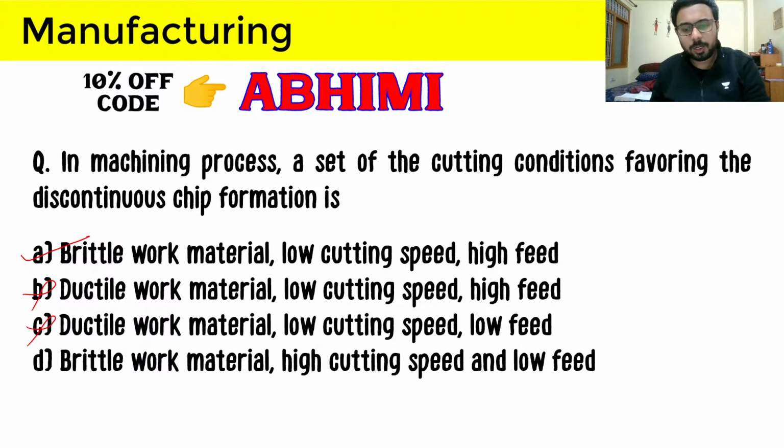And at the end of the class we will discuss the types of chips, but for now we will leave it like this. We will do the questions, and at the end we will have a nice theory section of our class where we will discuss clearly what types of chips there are: continuous chips, discontinuous chips, continuous chips with built-up edge formation, and also serrated chips, which are quite different, and due to the strength there, they have a quite different shape.